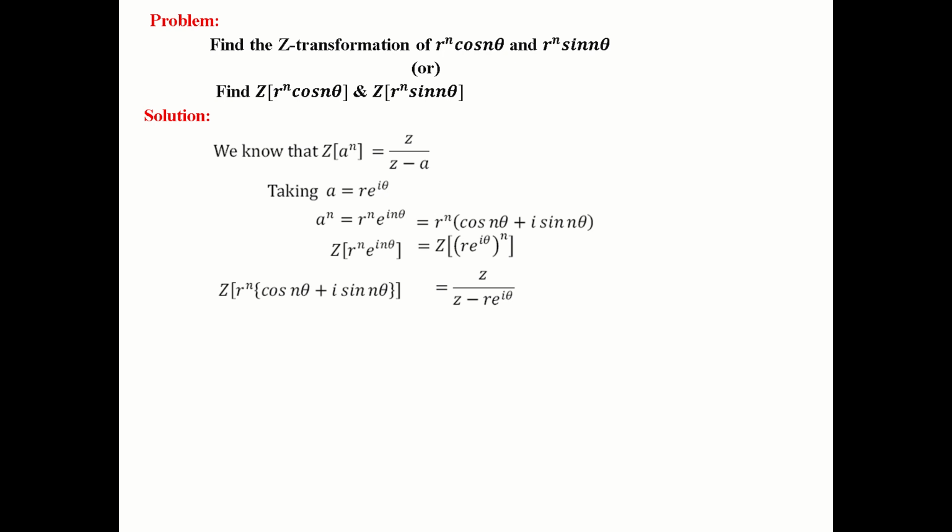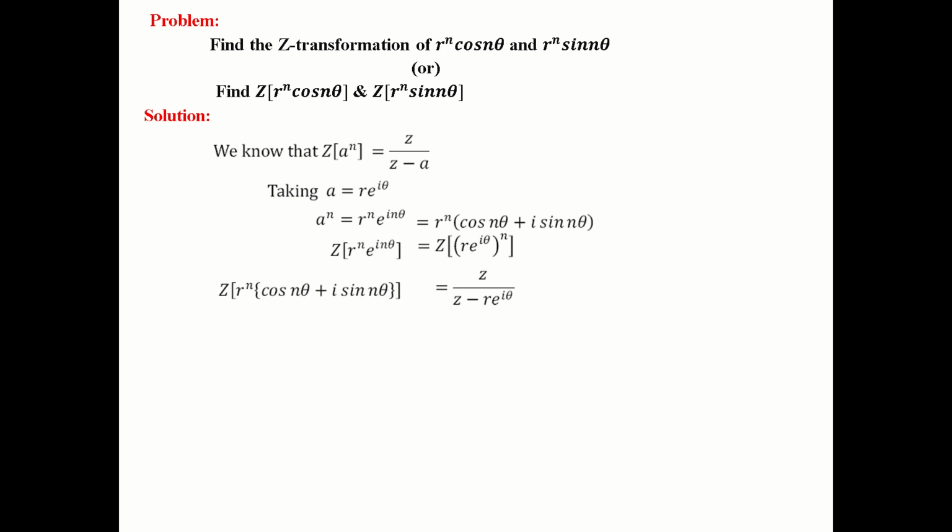So this is nothing but a power n. Taking a equal to r e power i theta, you will get z by z minus r e power i theta using the formula z of a power n equal to z by z minus a.